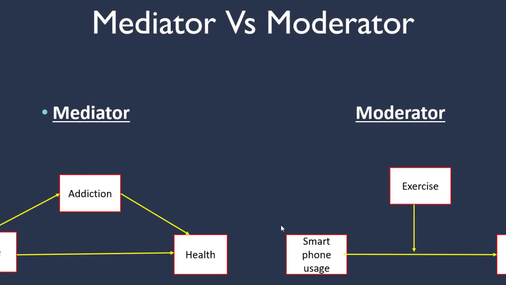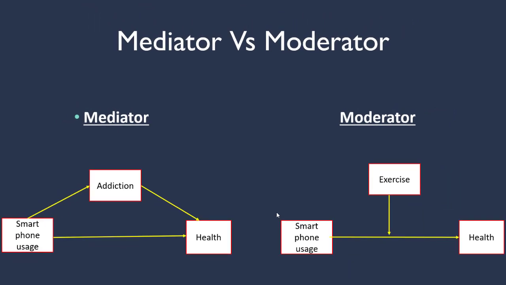A question may arise whether a specific variable should be considered as a moderator or mediator. Actually, it's your theory that will guide you to take a specific variable as a mediator or moderator. If there is a relationship between your IV and mediator, and then you have a relationship between your mediator and your DV, or dependent variable, in that way you will consider that variable as a mediator.